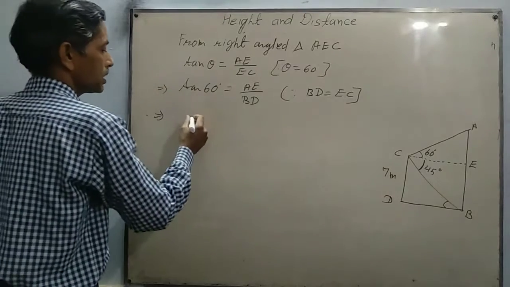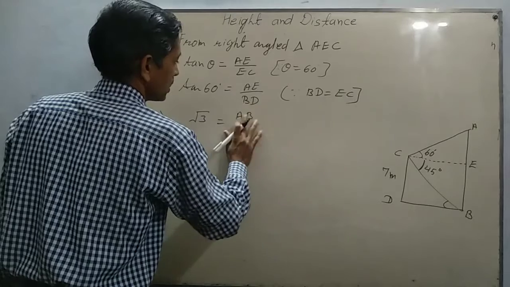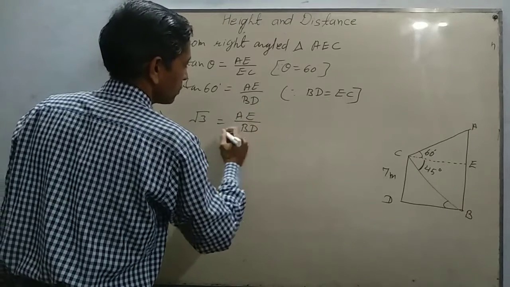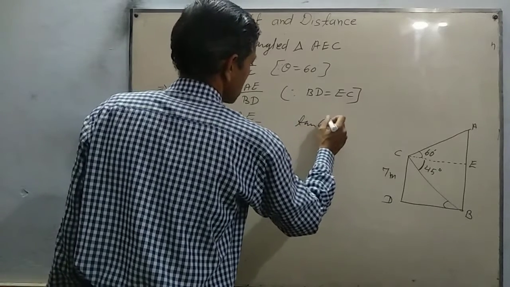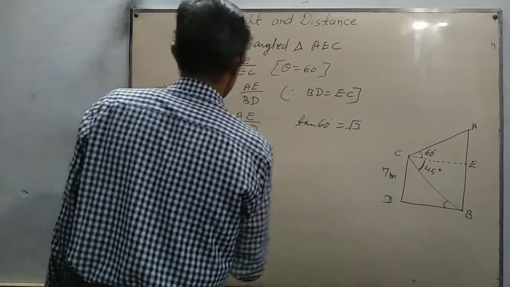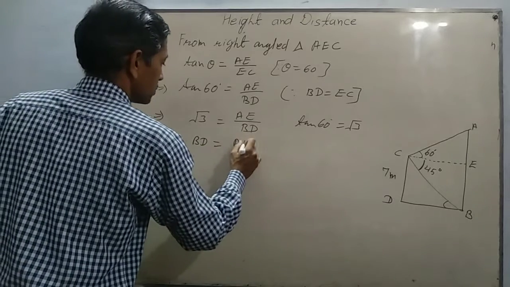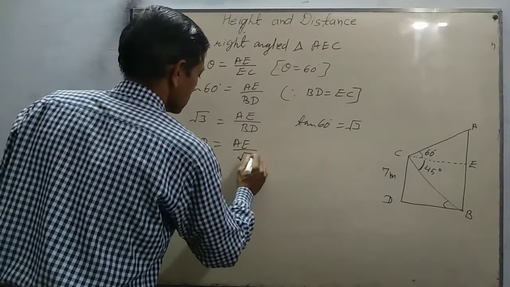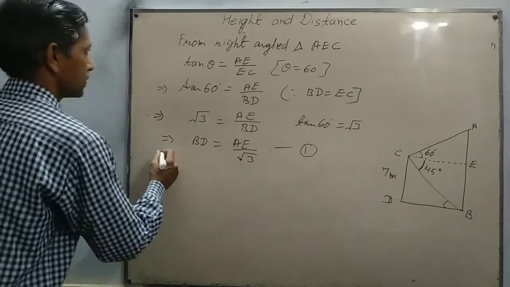Value of tan 60 is root 3, so root 3 is equal to AE upon BD. BD is equal to AE upon root 3. Equation first.